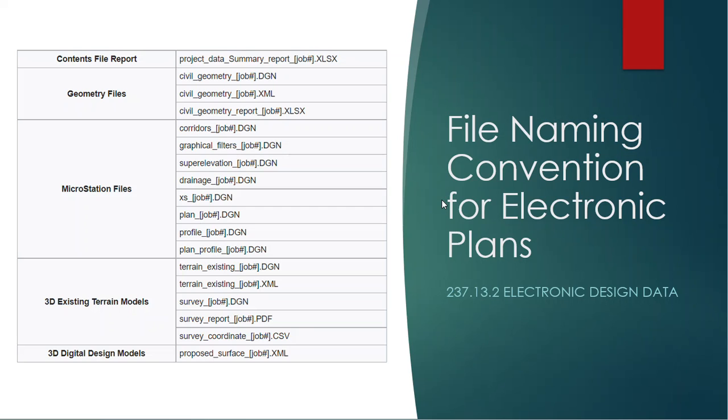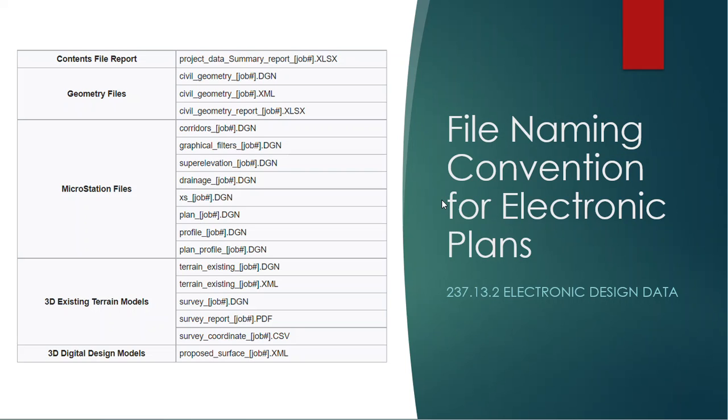So if you have a corridors file, you would name it corridors underscore job number. If you have more than one corridor for the job, then you would call it out after the job number, whatever corridor it might be, Route 54, or Ramp 4, or Ramp 2. You would call it corridors underscore job number underscore whatever corridor you want to call it, okay?